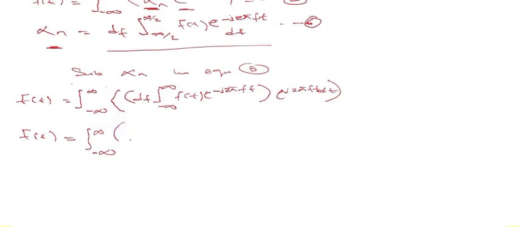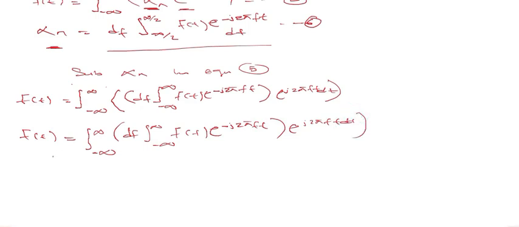We have the integral from minus infinity to infinity of f of t exponential minus j 2 pi ft, times exponential j 2 pi ft dt.